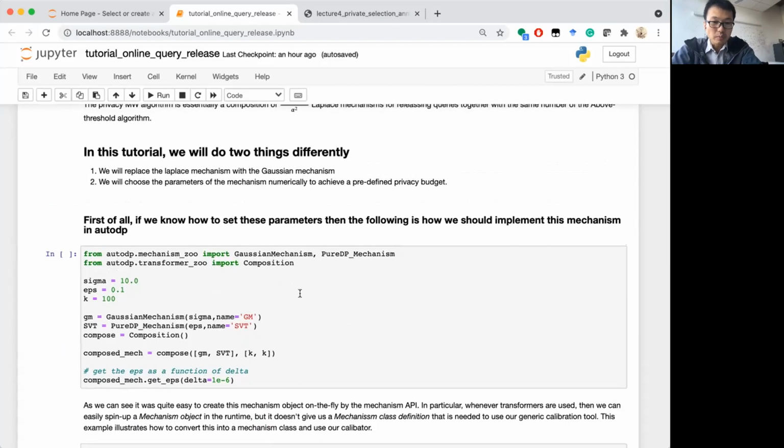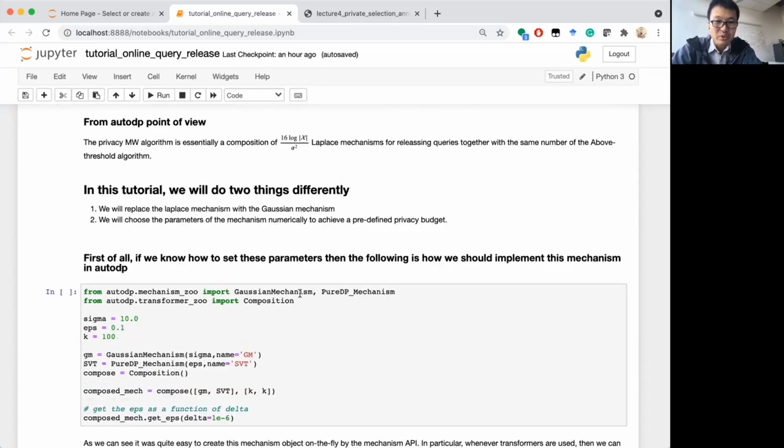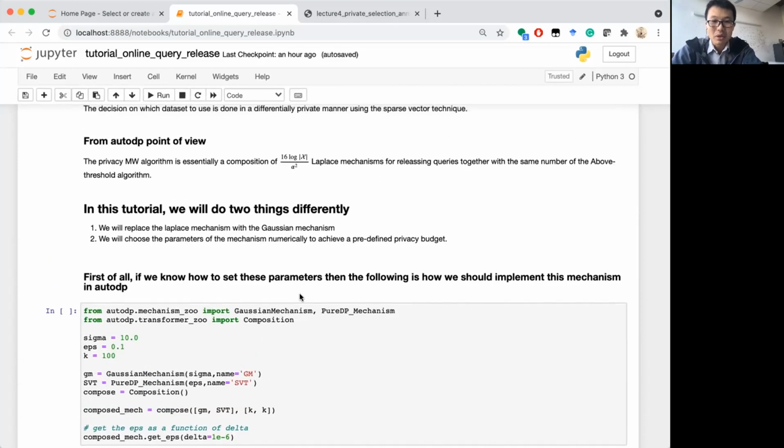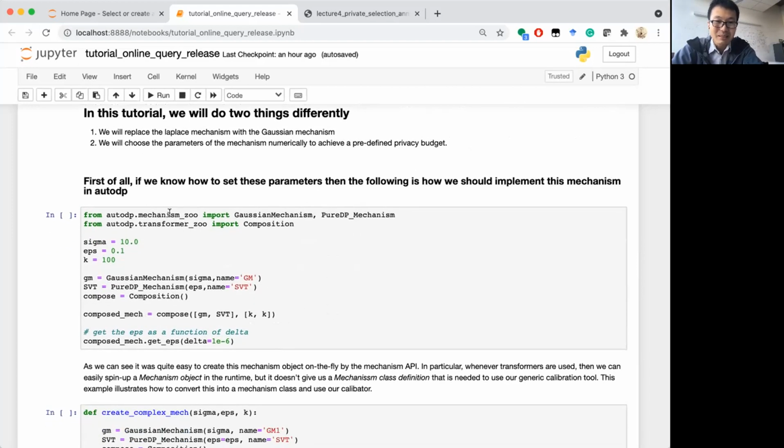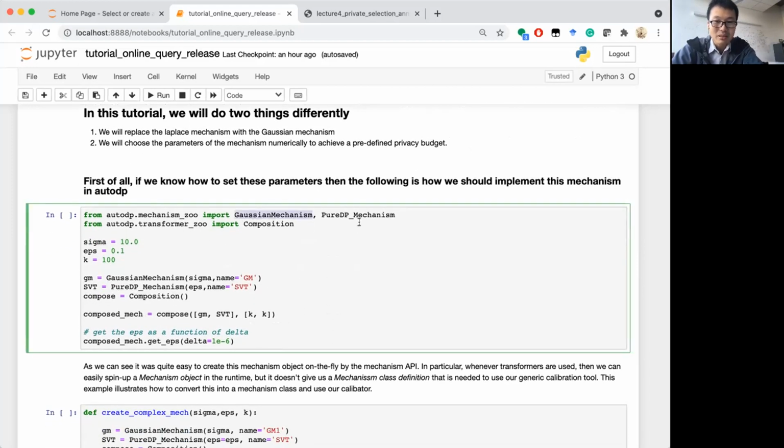First of all, with this realization that this is a simple composition of k Gaussian mechanisms and k above threshold, or sparse vector technique, mechanisms, the implementation in AutoDP is quite straightforward. We import the Gaussian mechanism and the pure DP mechanism from the mechanism zoo.